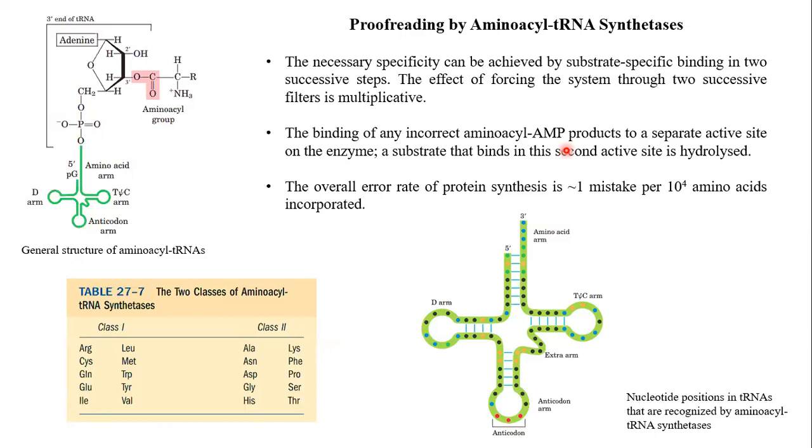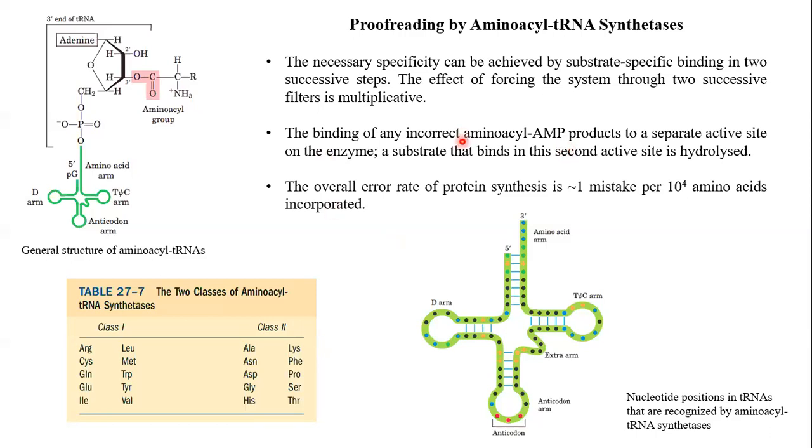And this binding site hydrolyzes it. Valine and AMP get separated, and then this isoleucine tRNA synthetase enzyme adds the correct amino acid, that is isoleucine. Okay, that's how it differentiates between two similar amino acids and adds only the correct one.